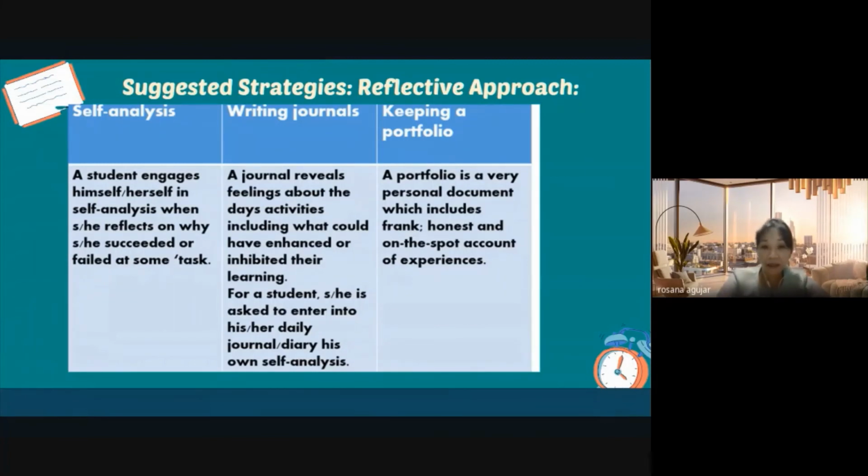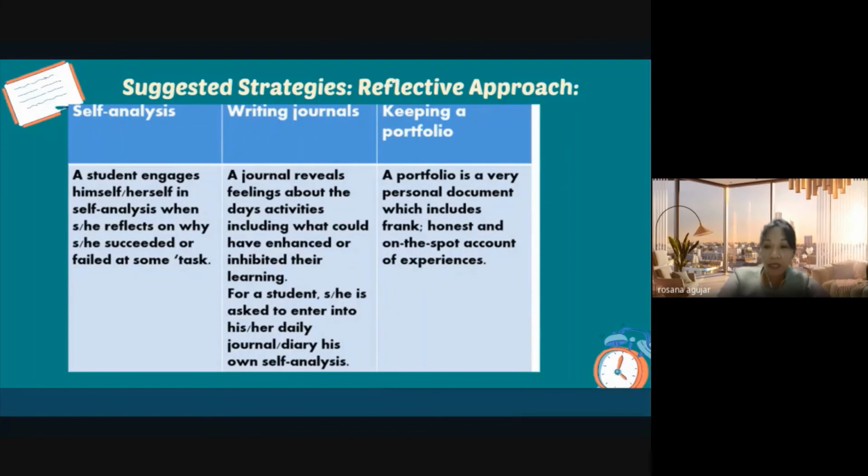A student is asked to enter into his or her daily journal or diary for his own self-analysis. And a portfolio is a very personal document which includes frank, honest, and on-the-spot account of experiences.